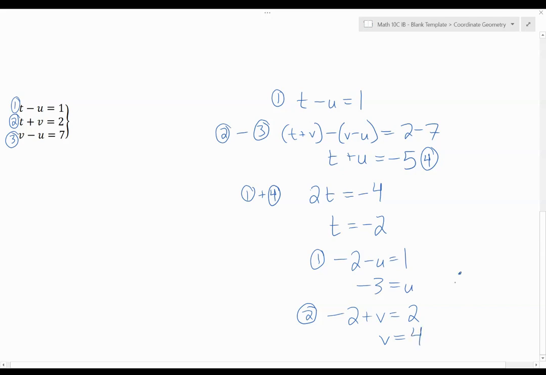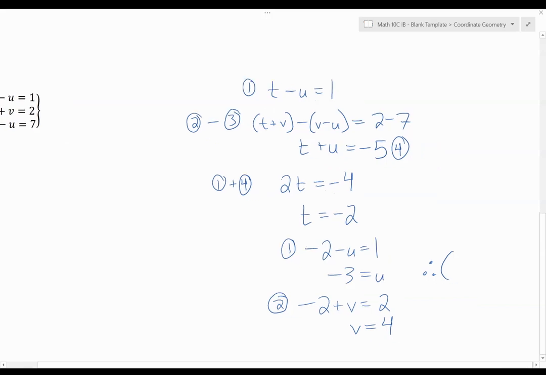And therefore, the solution to this system, I'm going to put these values in alphabetical order. So TUV is negative 2, negative 3, 4. That's pretty standard when we're not using the normal x, y, and z, is to use alphabetical order. So TUV, that is the solution here.